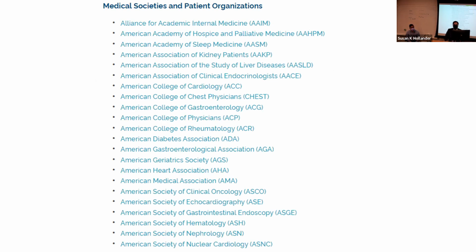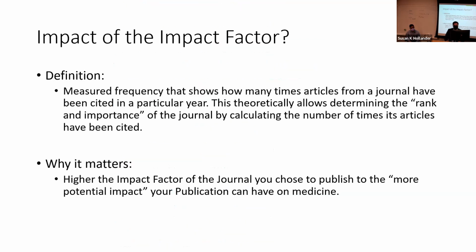There's one for GI, one for pulmonary critical care, rheumatology, etc. So every specialty under the sun has a society, has an organization, and conferences yearly, both local and national chapters that have competitions for you to potentially submit to, and have journals that they frequently make. In fact, they have multiple journals that you could potentially submit to. So these are potential options when it comes to where you want to submit.